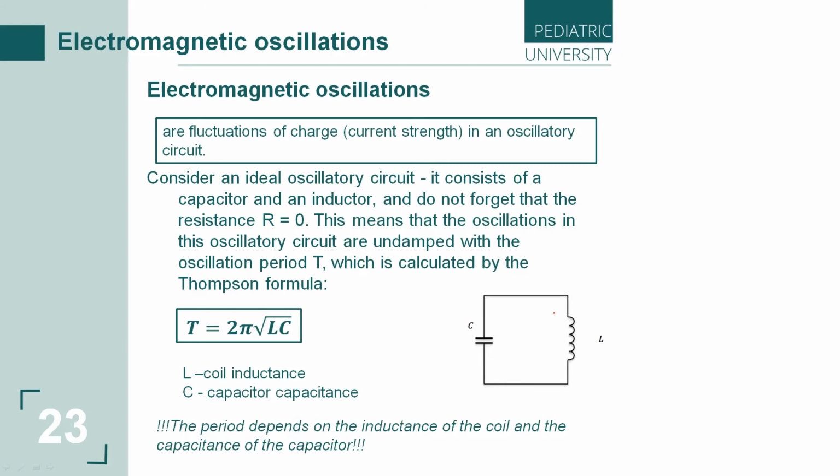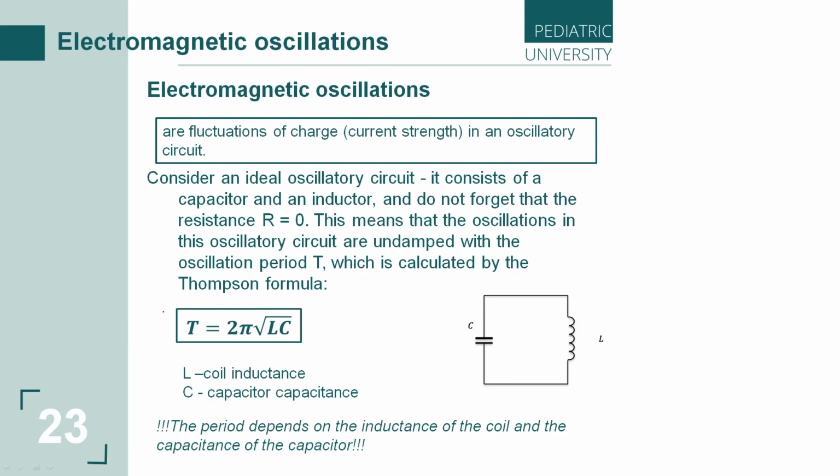Don't forget, if we have the ideal oscillatory circuit, the resistance is absent, resistance is zero. This means that the oscillations in this circuit are undamped, with the oscillation period T, which is calculated by the Thomson's formula.